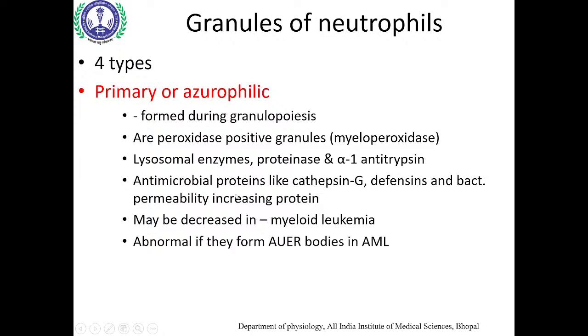Then we have the antimicrobial proteins like cathepsin G, then defensins. These all increase the permeability of the bacterial membrane. ठीक है? Okay, I am not going into the topic of myeloid leukemia right now. We'll be dealing with it later.